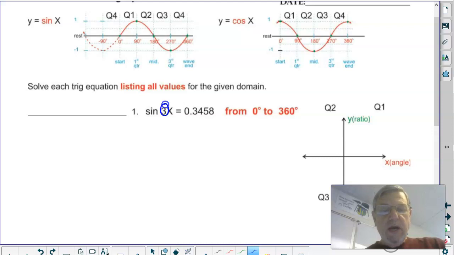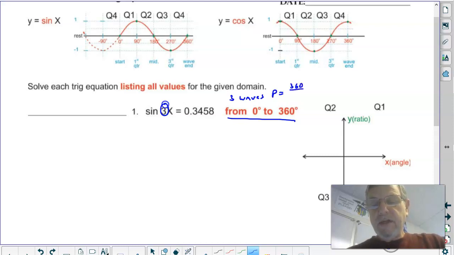So normally when I would get one normal sine wave from 0 to 360, I will get 3 waves, right? And so the way I figure out the period is I take the normal 360 and I divide by 3, and I now find out that a normal wave is 120 degrees. So this is important information if I'm going to figure out all values from 0 to 360.